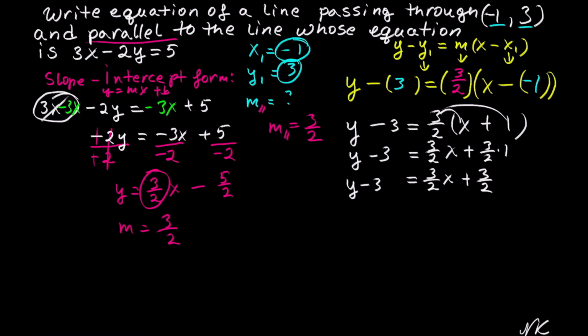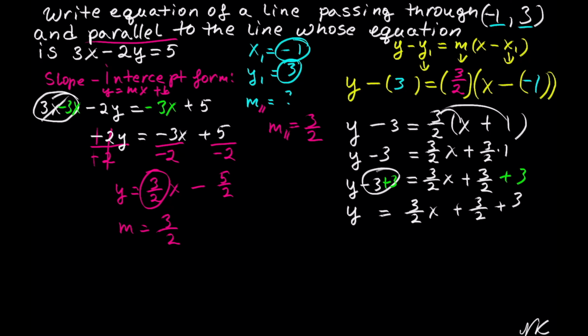So we have y minus 3 on the left. Let's solve for y by adding 3 to both sides. And we get y, this adds up to 0, equals 3 out of 2x plus 3 out of 2 plus 3. Let's combine constants or numbers.